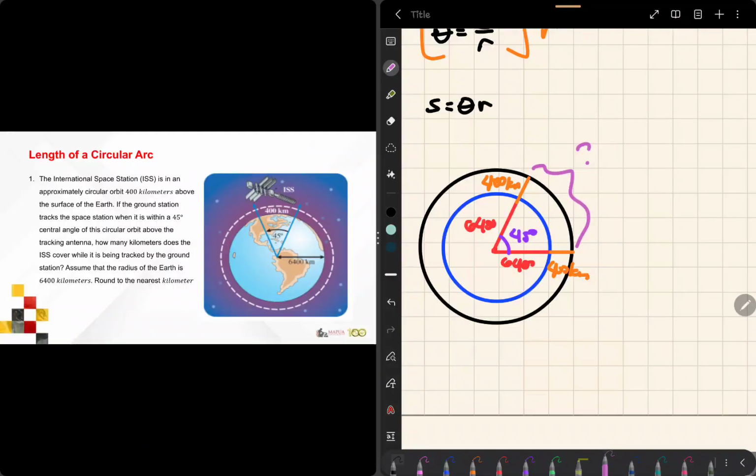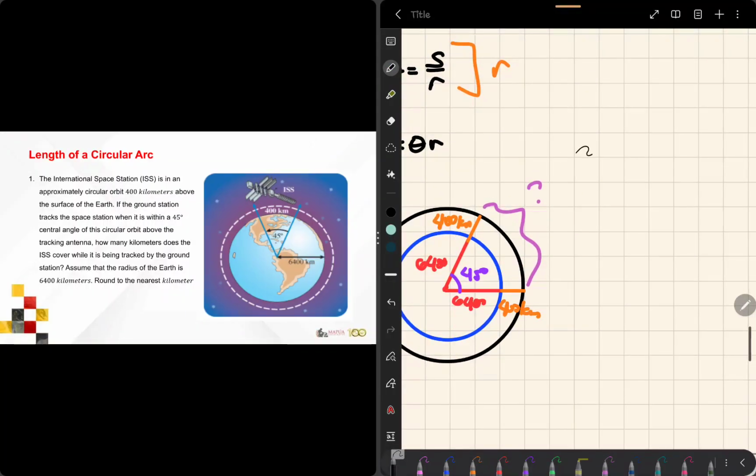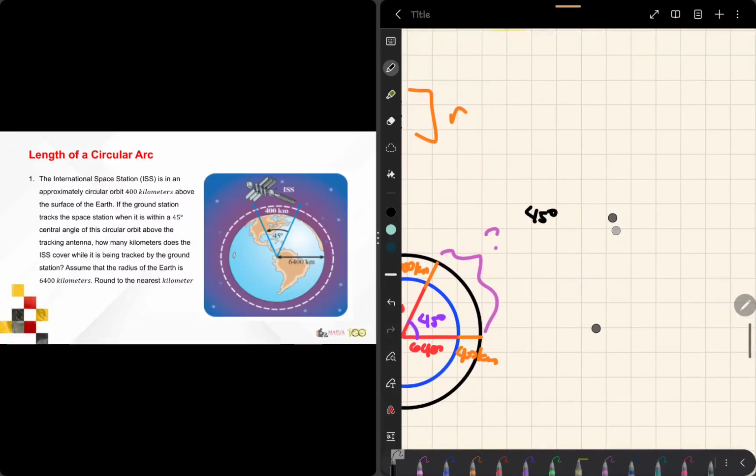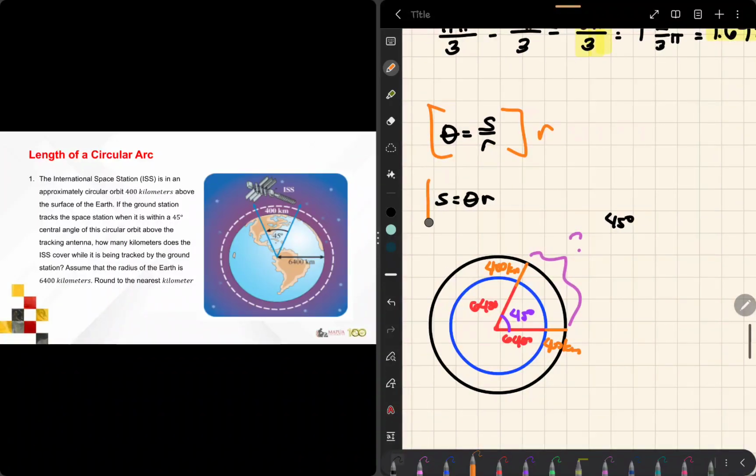Okay, so solving for this arc, we need to find the radius and our angle first. So we have 45 degrees as our angle, so we can convert 45 degrees into radians. Okay, class, when we are using this formula, S equals theta r, or theta equals S over r, we always have to convert our theta into radians.